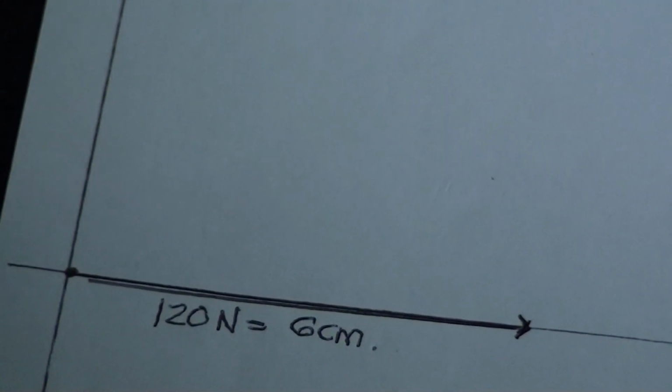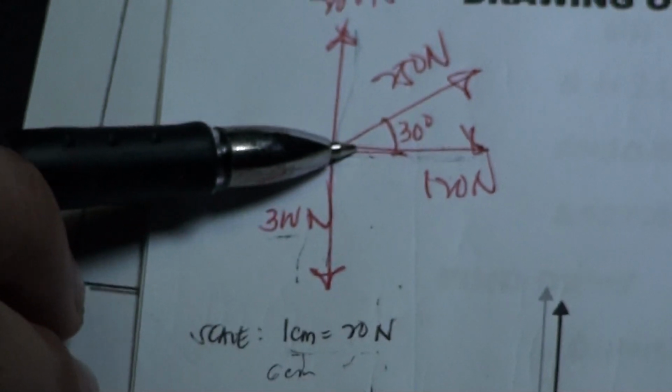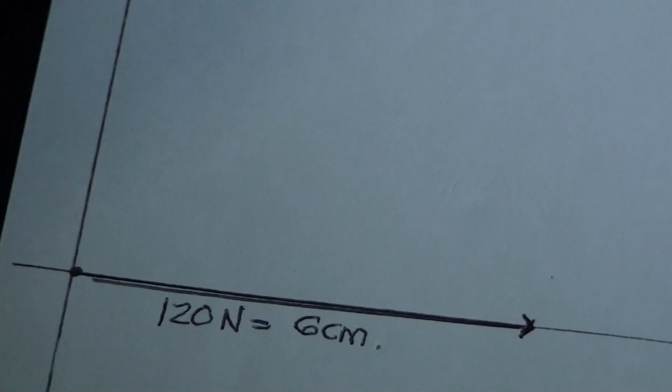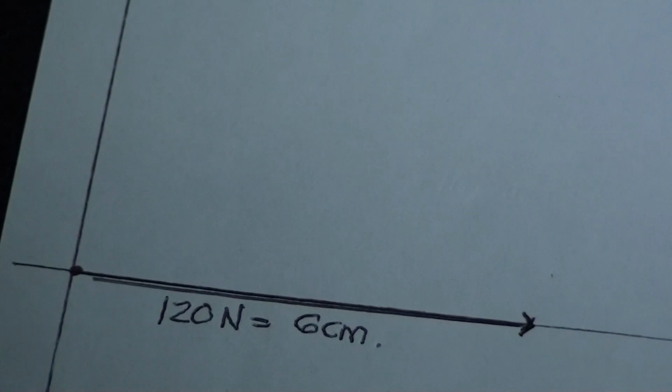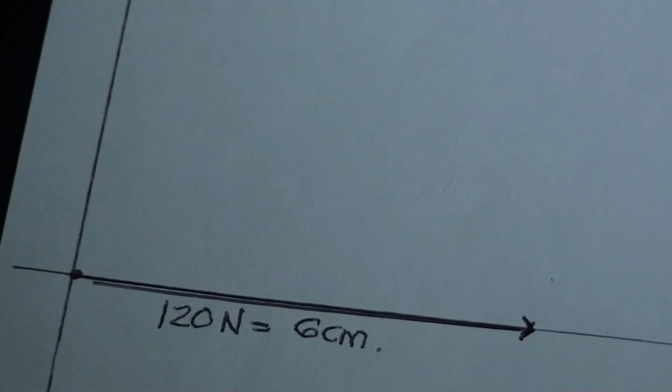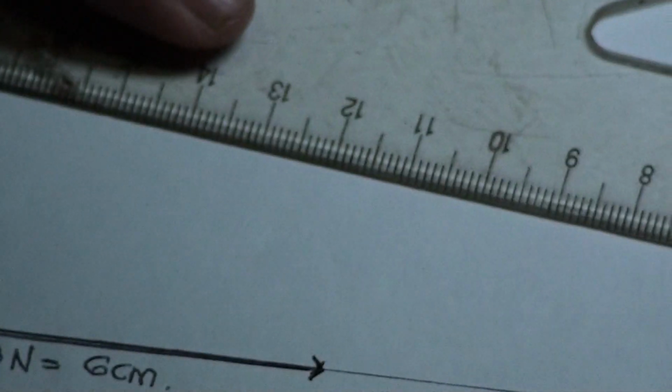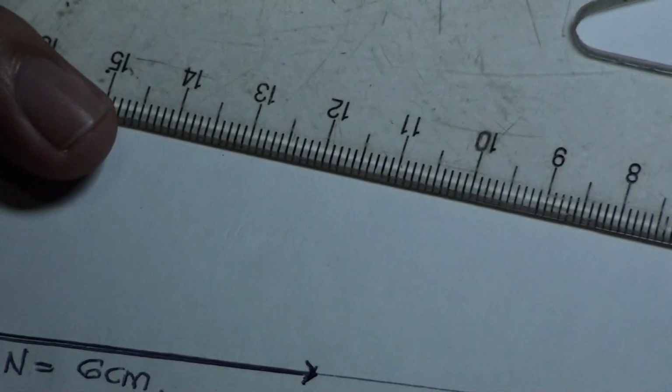Next is 250 Newton inclined at 30 degrees. So inclined at 30 degrees, we have to establish a 30-degree line. We have to establish this first, the vertical line.